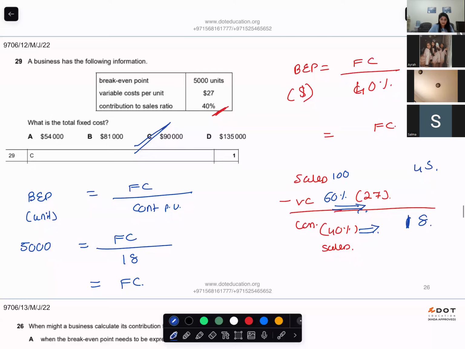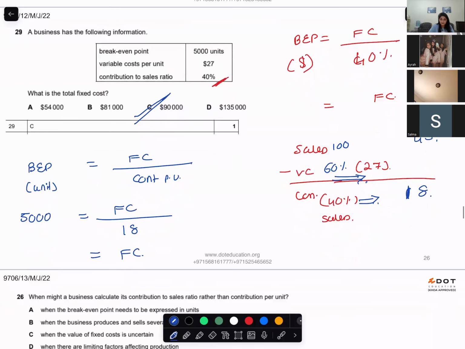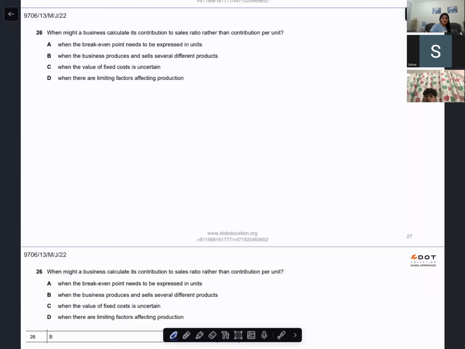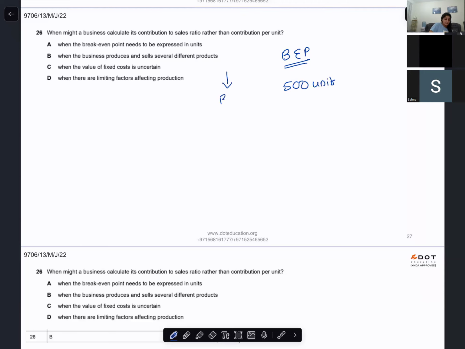Can we proceed or you want to go? I'll go. See, I am doing break even in 500 units, and I want to reduce the break even units to 400 units or to a lower amount. So what should I do? Not sure, miss.